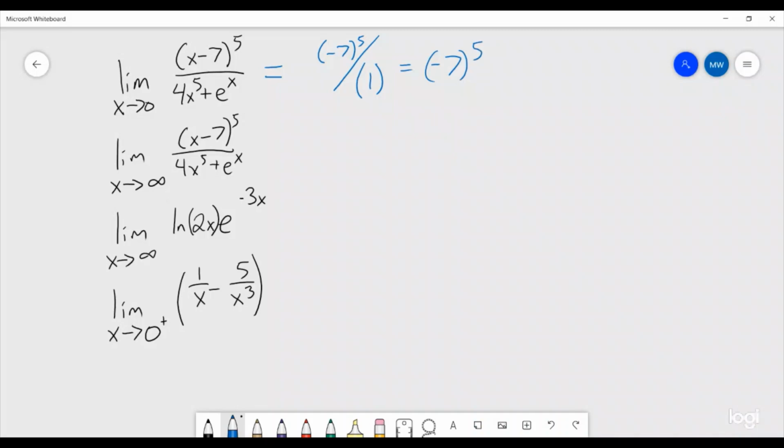So just because it looks like it might be a L'Hopital's rule problem, you have to check to see if the indeterminate form works. Now if we were going to infinity, then this one is going to be infinity over infinity, so L'Hopital's rule applies.